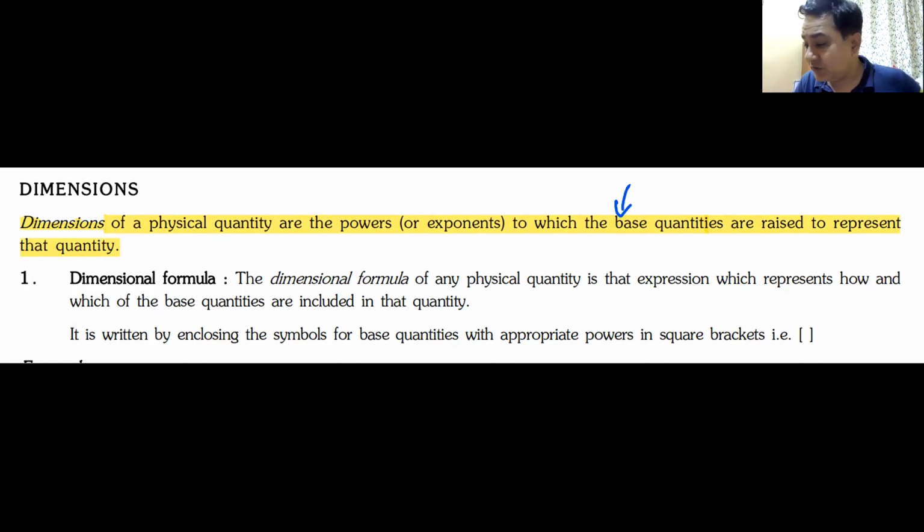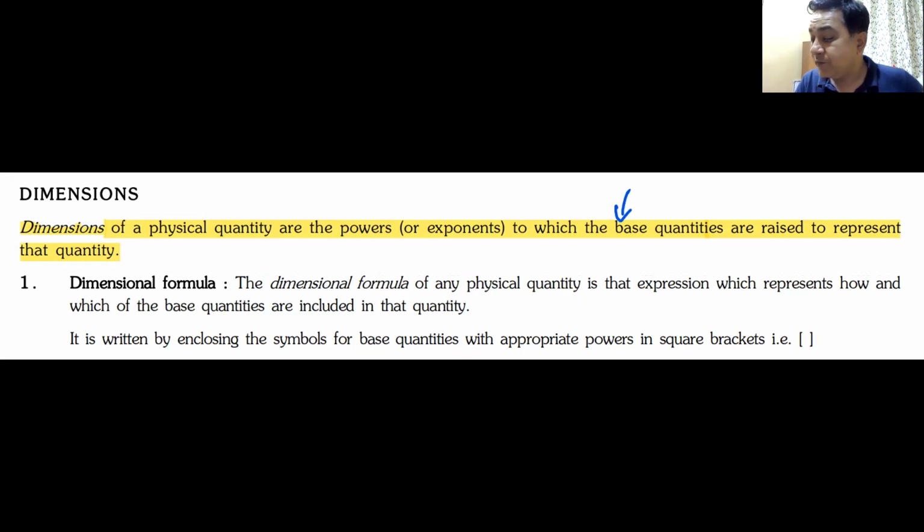No one is going to ask you the definition, but since I'm a purist, I want my students to know what is the definition of dimension, and that is the reason I am giving you this to write. And since it is a definition, you have to write it the way it is written.